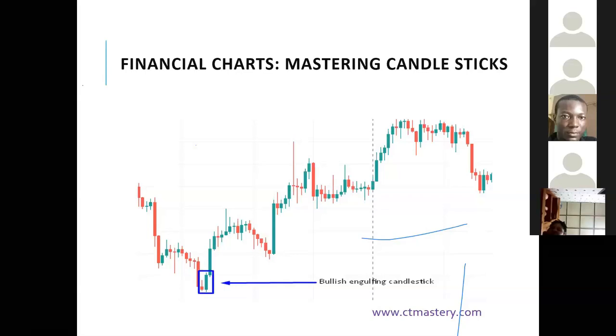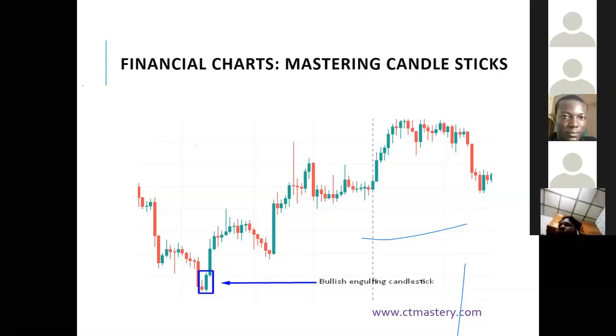If you want to trade profitably, support and resistance levels are something you have to master. So if this candlestick pattern occurs at the bottom of the downtrend or a key support area, then we have more probability that the market is going to change. But we still don't take this trade.